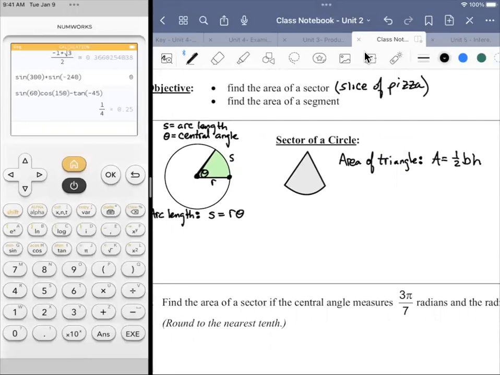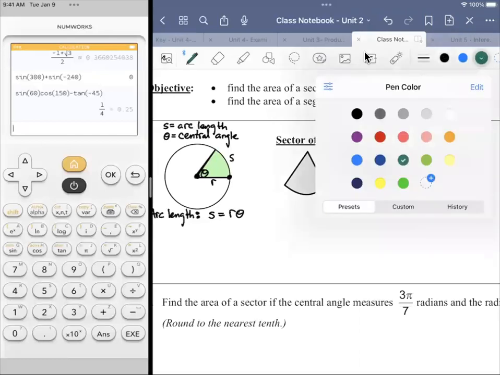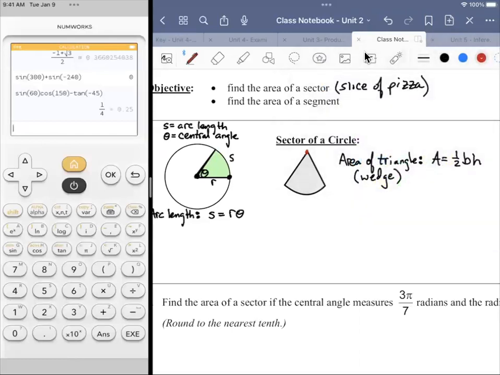Now, this is really a wedge, but it's triangular in nature and it has the same properties. So the height would be the distance from this vertex to the base. This would be the height. This here would be the base. So half the base times the height would give us that area.